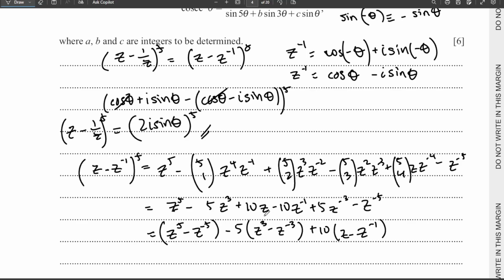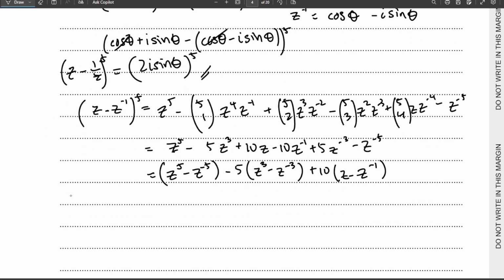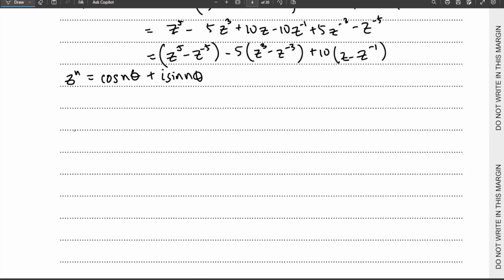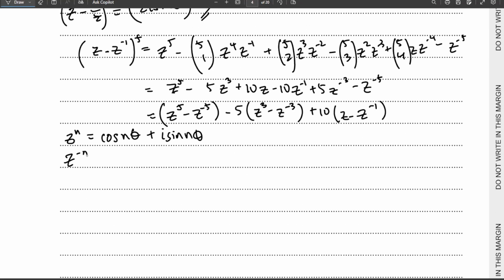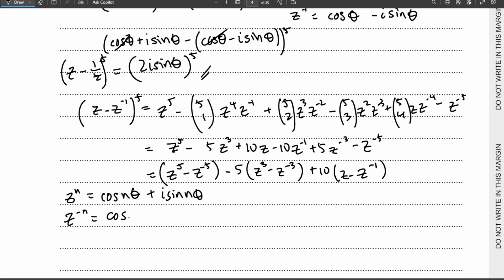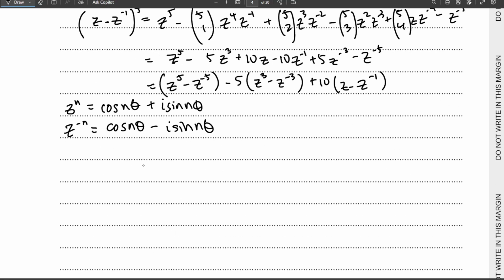Why we're doing this: let's use De Moivre's theorem again. We know that z to the n is cosine n theta plus I sine n theta. We've proven this, or I showed just now how to prove it. If we have a negative exponent of the same magnitude, cosine of negative n theta is the same as a positive cosine, and then we have a negative I sine n theta, from the same result as previously.